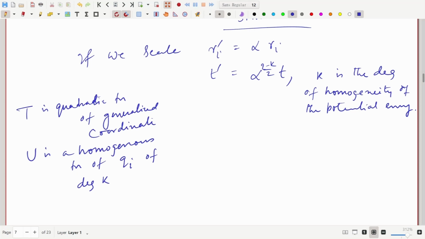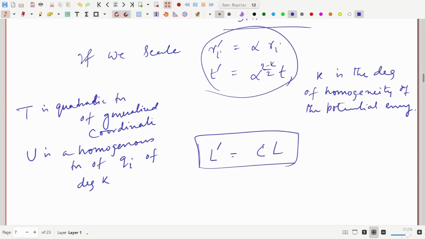Under this scaling, the Lagrangian will be just a constant times the old Lagrangian. So, L prime and L describe the same equation of motion; the dynamics will not change. We can scale our coordinates and time in this fashion to have the same dynamics.